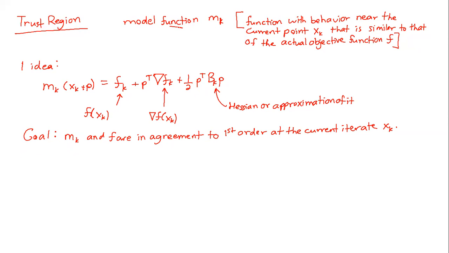So that though just shows you start with your model function. So what good does that do you? What do you use it for? Well, this model might not fully represent your actual function everywhere. So what you do then is you look for a minimizer in some region around the current iterate where you think this model function hopefully does a relatively okay job of representing the actual.